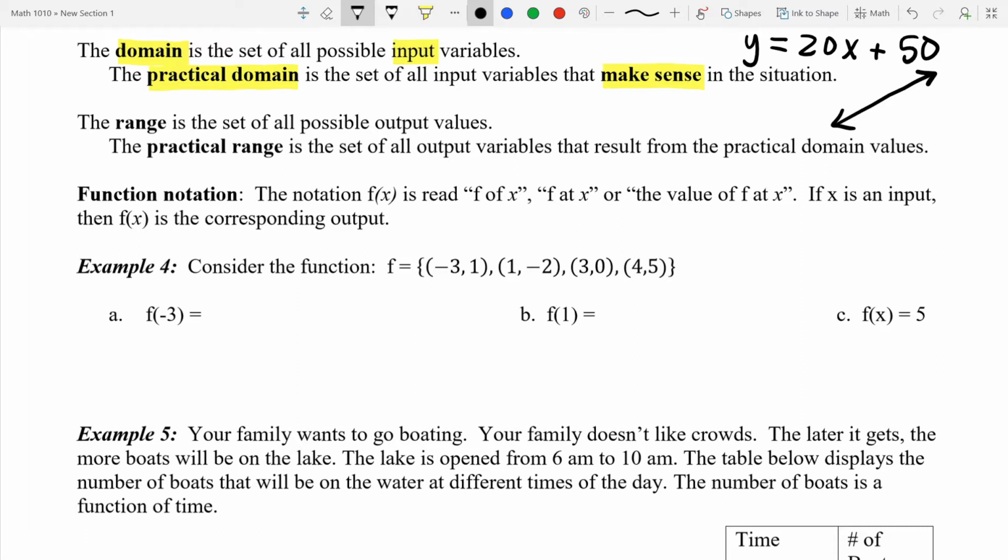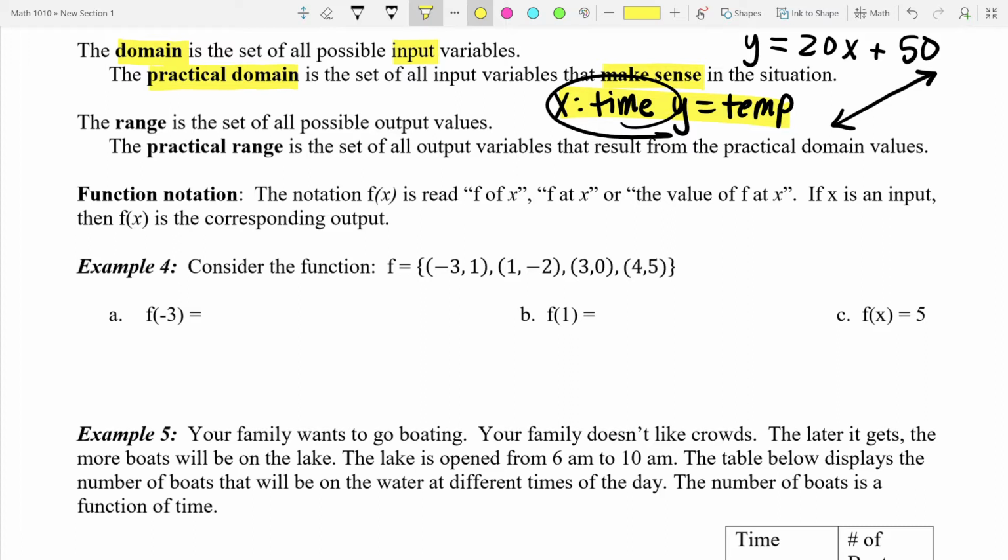But if I tell you that X stands for time and that Y stands for temperature, can you have a negative X? Practically, does it make sense that a time would be negative? No. See how easy that is? Practical domain just means what makes sense according to what these things stand for.